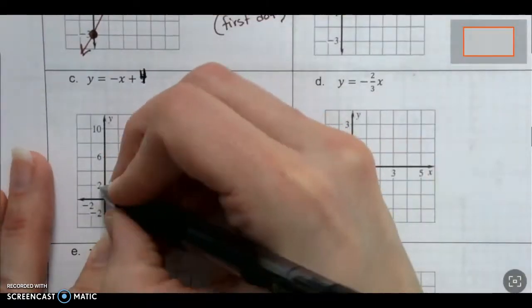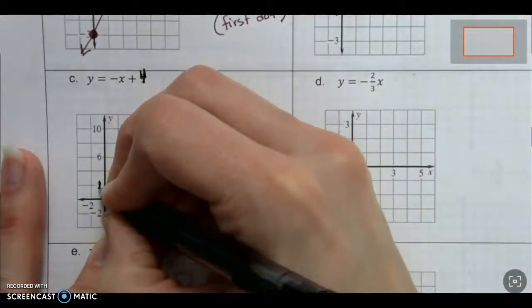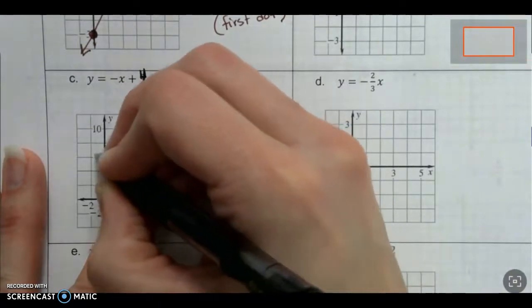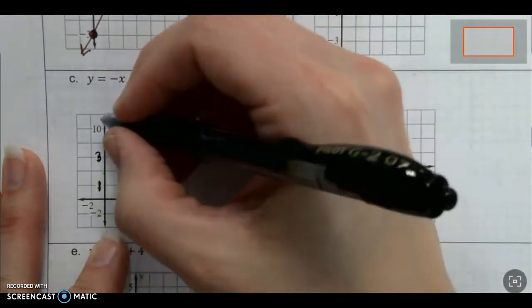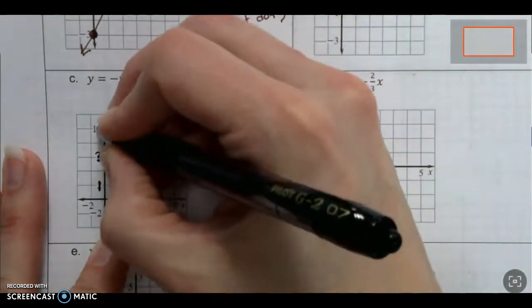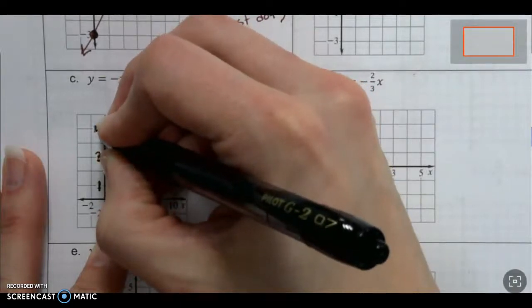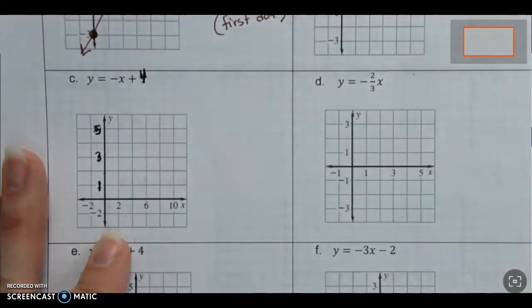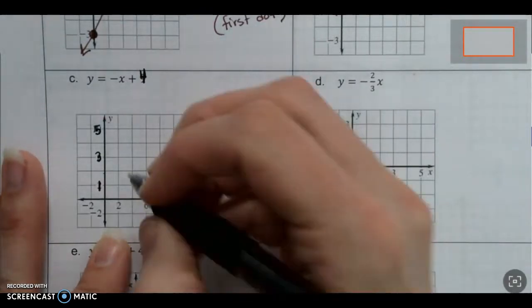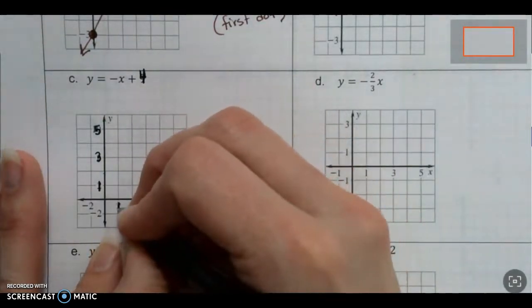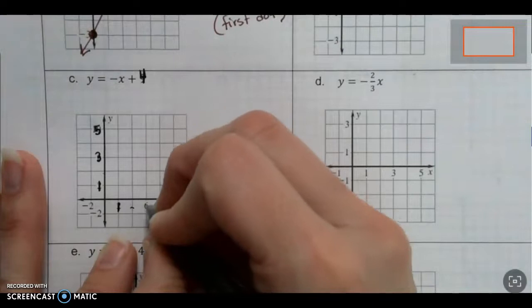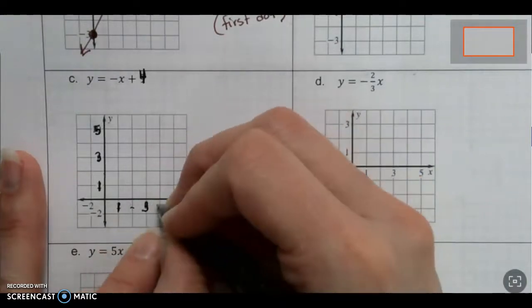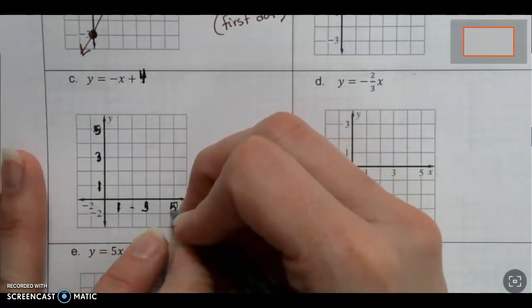And then we're going to change these numbers to 1, 2, 3, 4 doesn't have a number on it, and then 5. Otherwise, we'd have to count by 2 on the graph, which makes it super confusing.